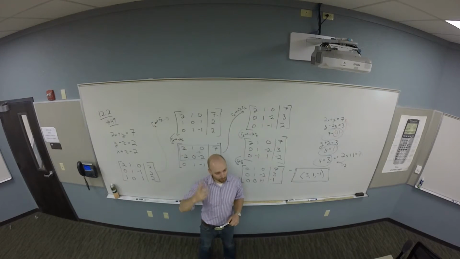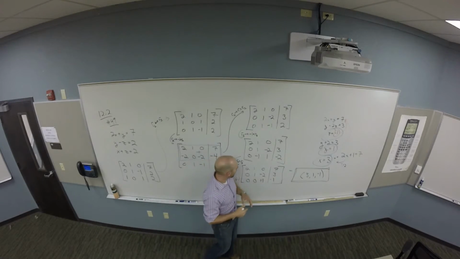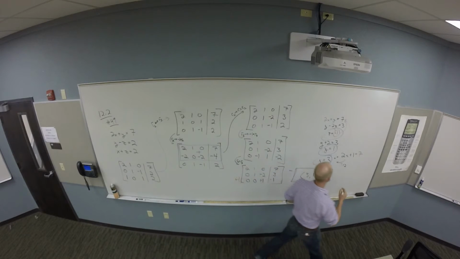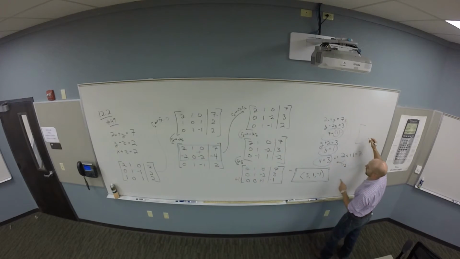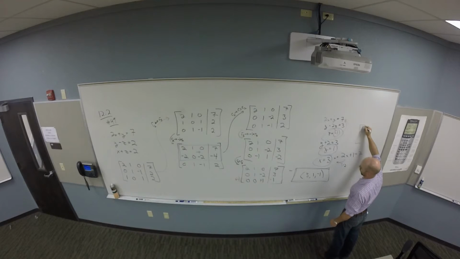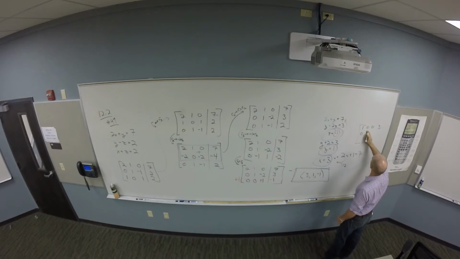Do you guys see that it would be really easy to back substitute if I had, at the end, arrived at a matrix like 1, 0, 0, 3, 0, 1, 0, 1, 0, 0, 1, -1?